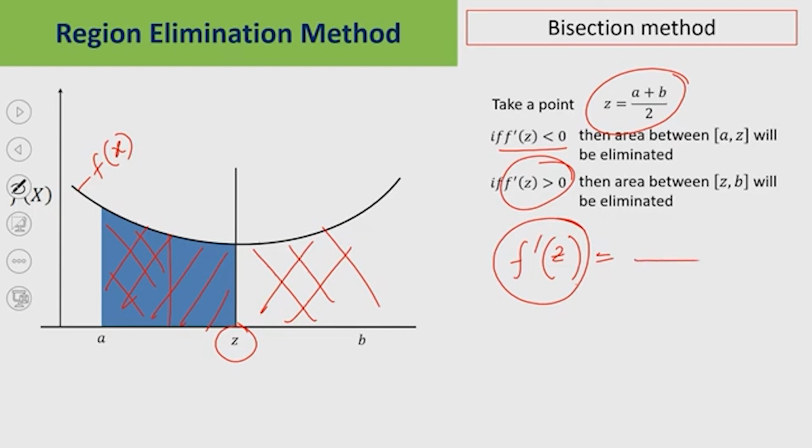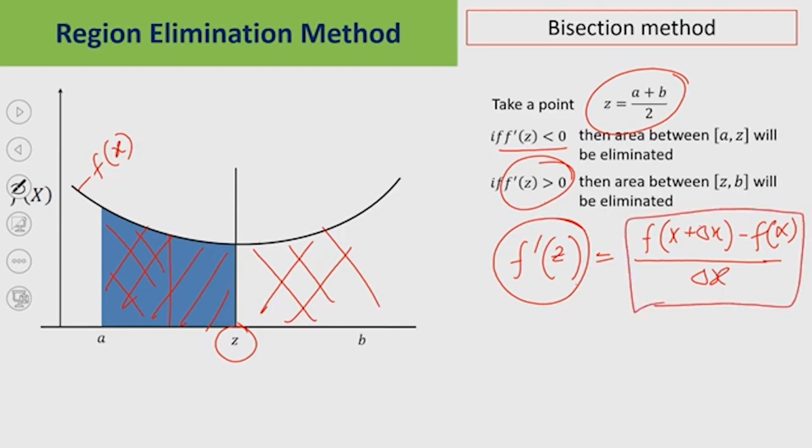Suppose I calculate the derivative numerically at this particular point. What I can do is find f(x plus delta x) minus f(x), divided by delta x, if I calculate the derivative numerically.